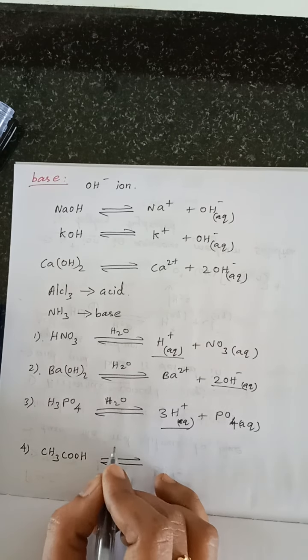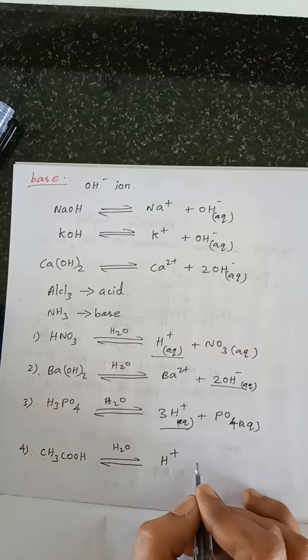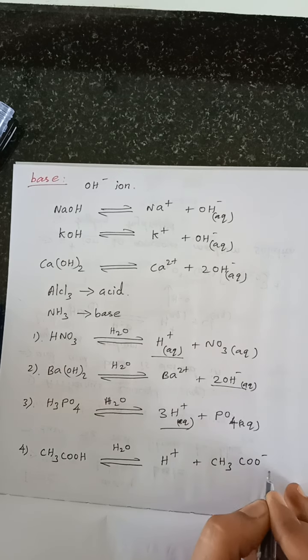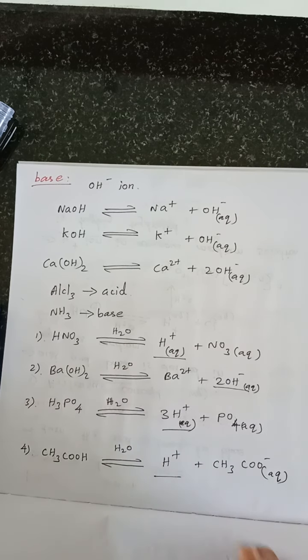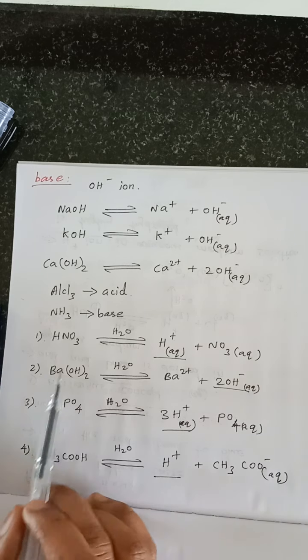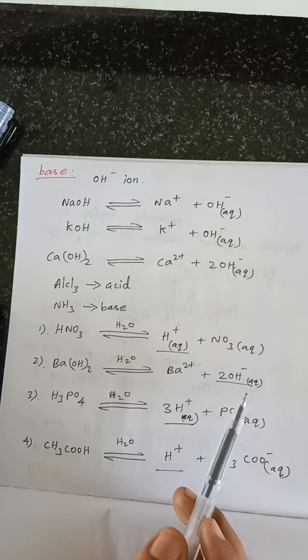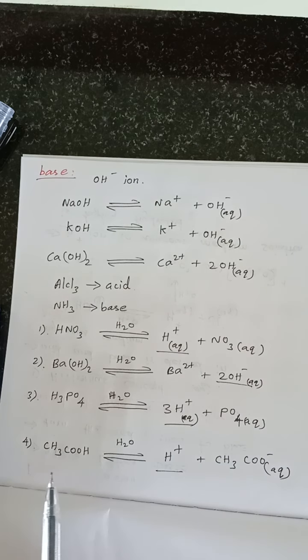In the presence of water it forms H plus and CH3COO minus. So nitric acid forms an acid, barium hydroxide forms hydroxyl ion, phosphoric acid forms H plus, and acetic acid forms an acid. This is the evaluate-yourself exercise on page number 3.